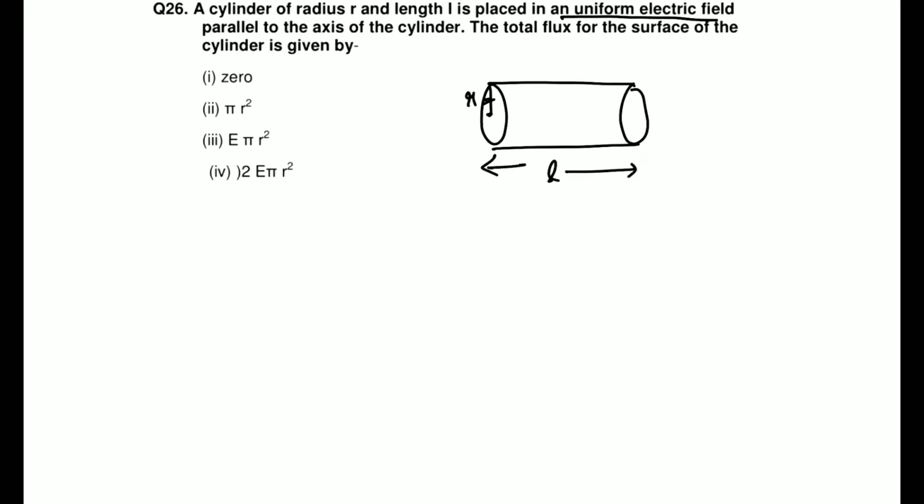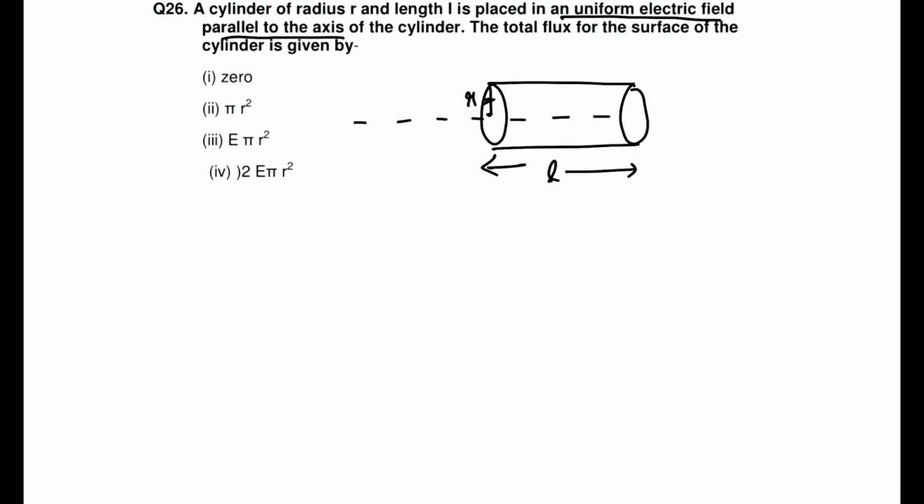Let me very quickly draw the diagram. You have a cylinder of radius r, and let's say this is my radius r. The length is L, and it is placed in a uniform electric field parallel to the axis of the cylinder.